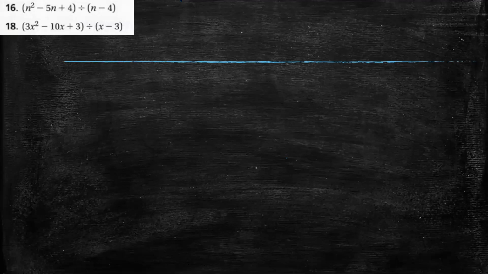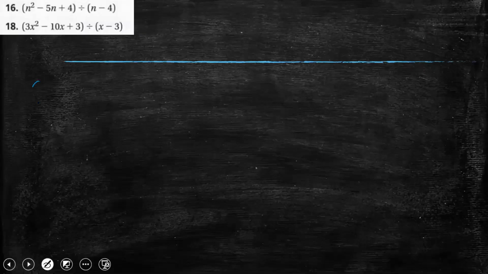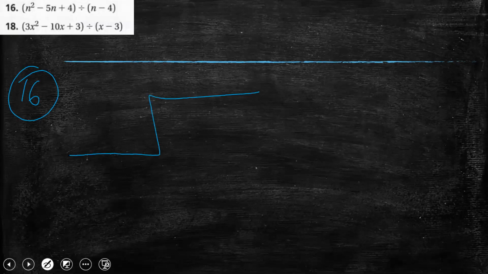Teacher, will you solve number 16 or 18? Both of them. It's 16. N squared minus 5n plus 4 over n minus 4.